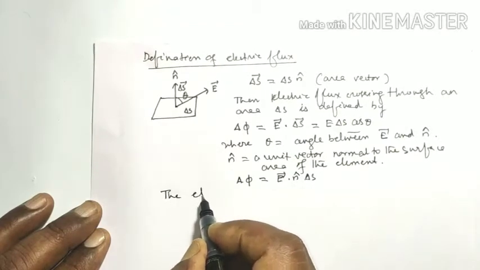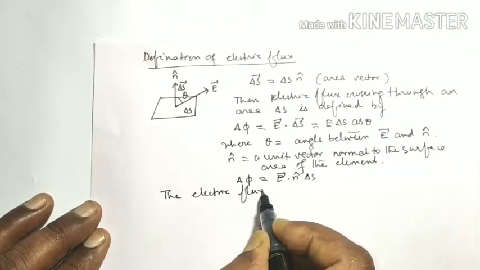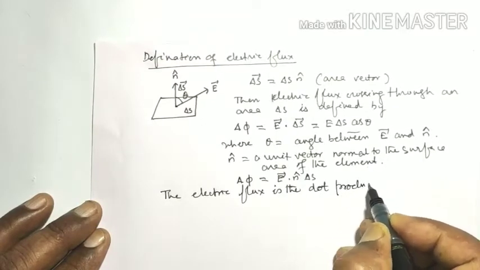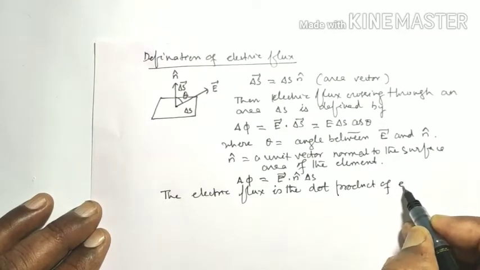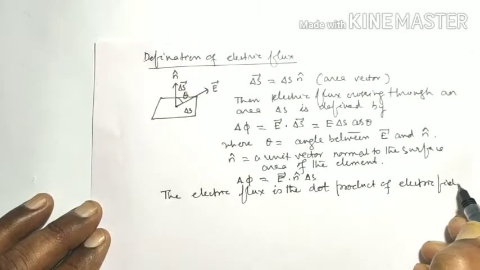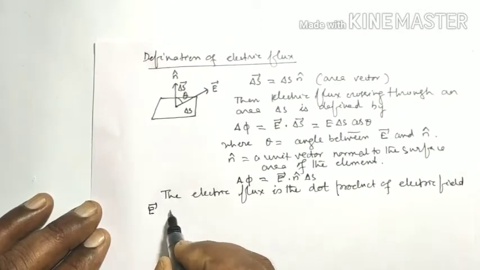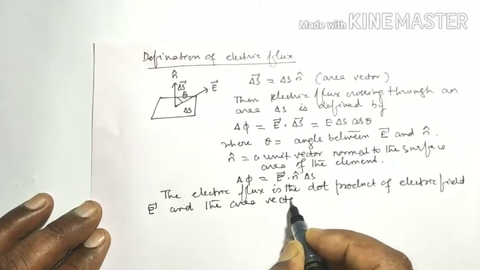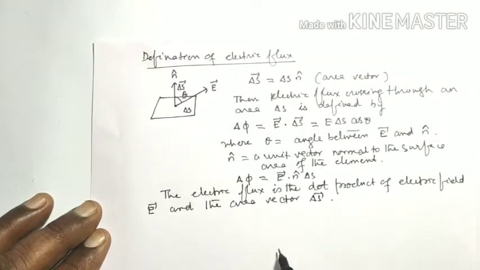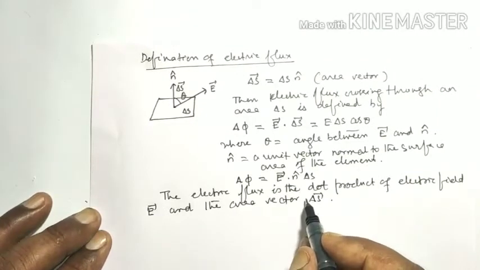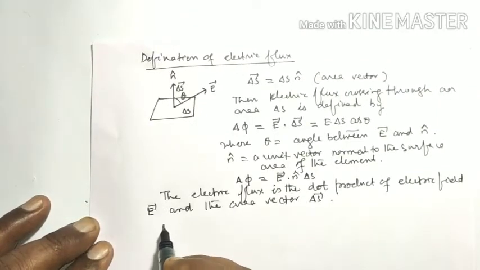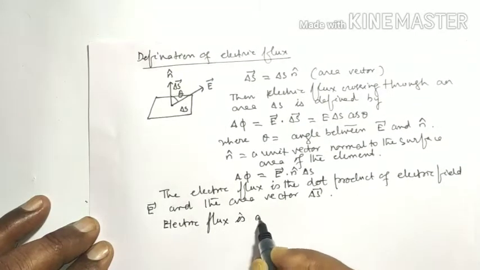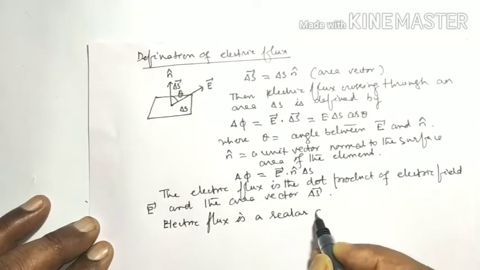So the electric flux is the dot product of electric field vector E and the area vector delta S. As dot product is scalar, so electric flux is a scalar quantity. Electric flux is a scalar quantity.